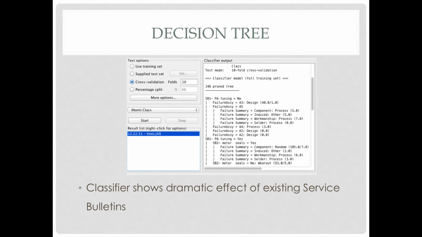So when we develop a decision tree in Weka for this data, we immediately see that at the top of the decision tree we have these fields: SB1, Service Bulletin 1, and SB2, Service Bulletin 2.